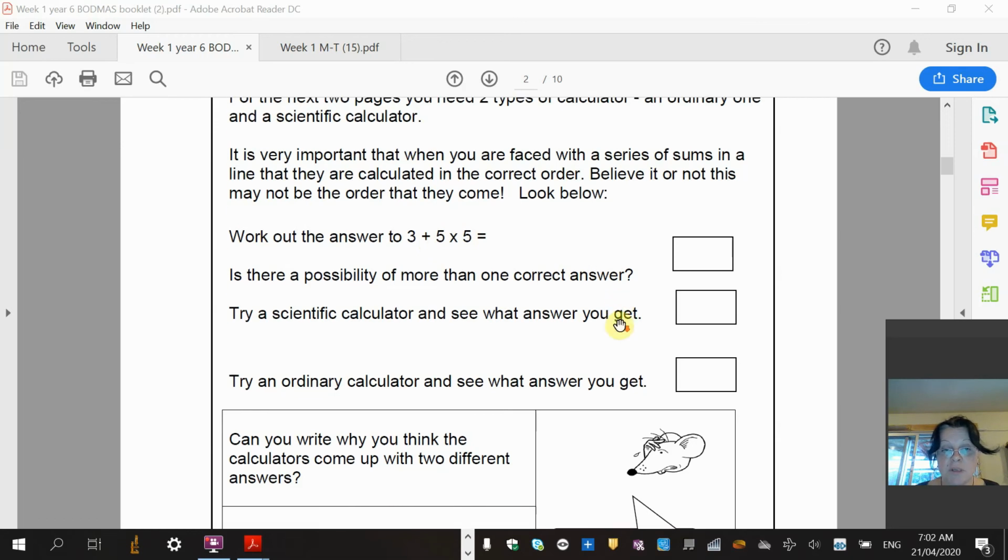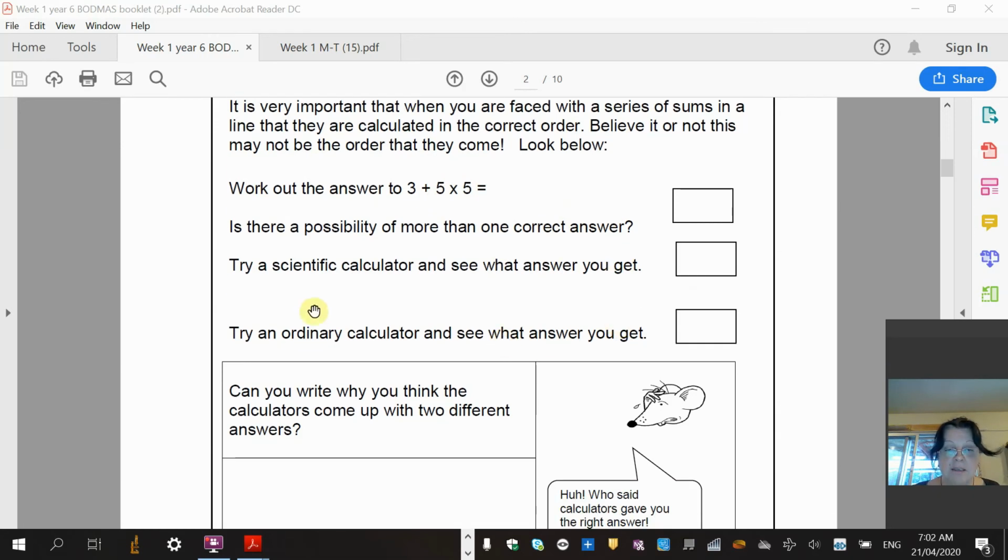So both those answers are different, aren't they? So is there more than one correct answer? Yes. So if we use the answer that we got using a scientific calculator, where it follows the formula of division, multiplication, the multiplication comes first. 5 5s are 25, plus 3, 28. That's what the answer would be with a scientific calculator. And on an ordinary calculator, you can do it now if you've got one nearby. 3 plus 5 is 8. 8 times 5 is 40.